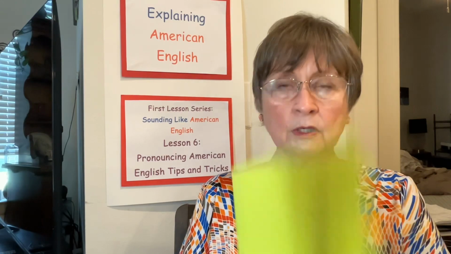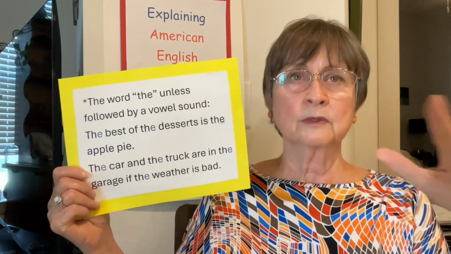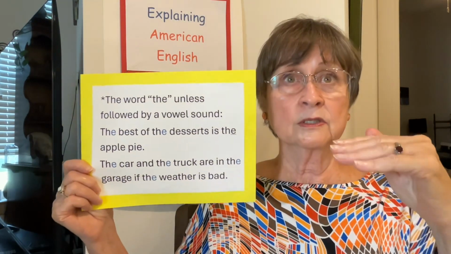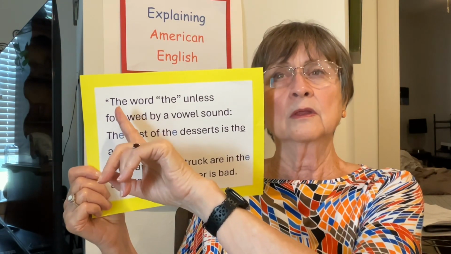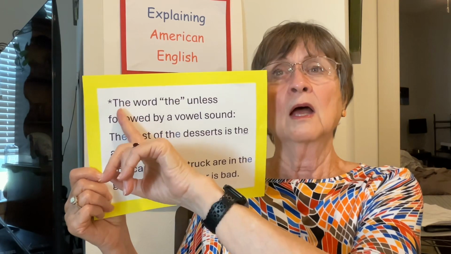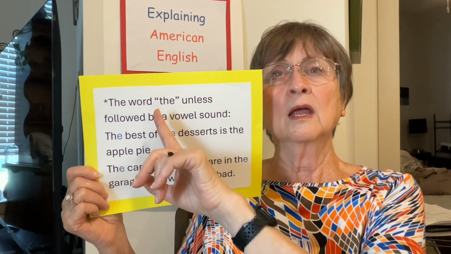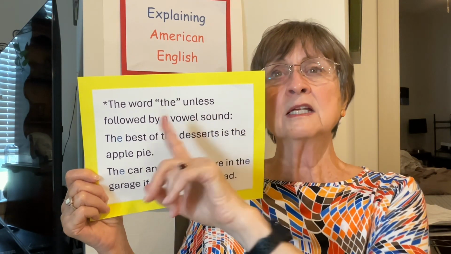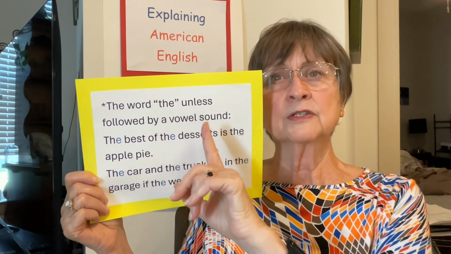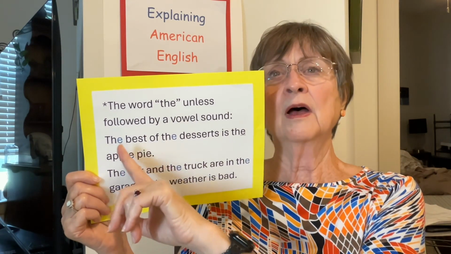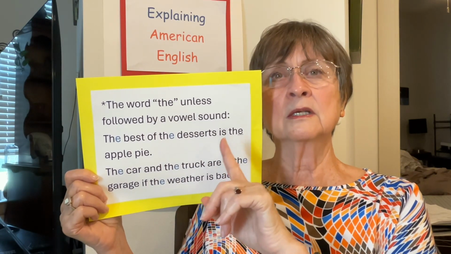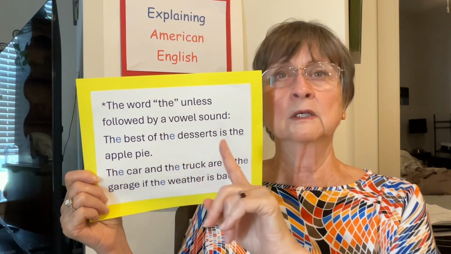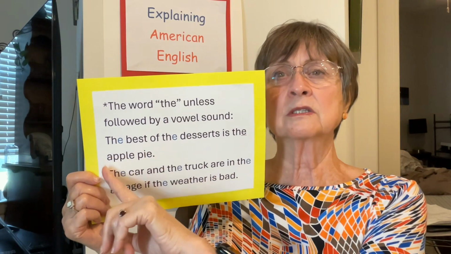Another time we use the short U sound, and I've already mentioned this, but we need to see it specifically, is when you use the sound in the word the. The word the, unless followed by a vowel sound. The best of the desserts is the, no, can't say the, because this is apple.